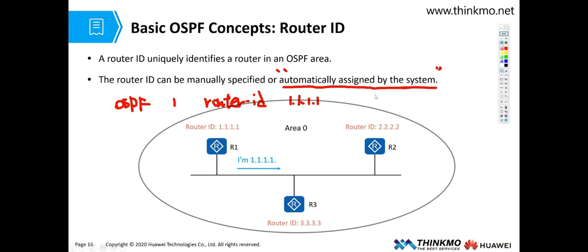It's because not only OSPF has a router ID, but many protocols like BGP also have the concept of a router ID. If you're too lazy to configure it, but the device still needs to be identified, I might as well assign one to you, and you can just use this generic one. For example, when each of us plays a game, we need to choose a game name. Often, many games will provide one for you.